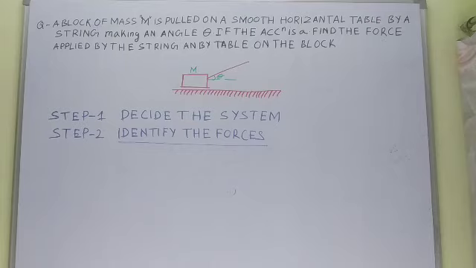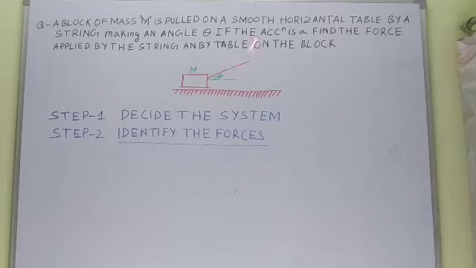Once the system is decided, make a list of the forces acting on the system due to all the objects. Here I can find that one is the acceleration force, another is the frictional force, which is neglected for your convenience, and the third force is mg, and the normal.